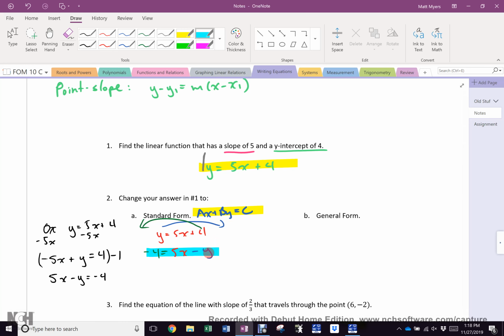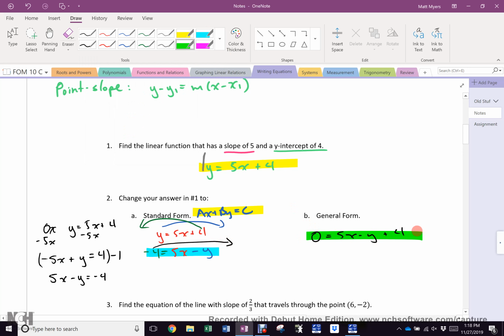Okay. Now, of course, general form is super easy. Where does C have to go? And what's going to be left? 0. So obviously I just need to move this over here. And I get 0 equals 5x minus y plus 4. And now I have all 3 of them.